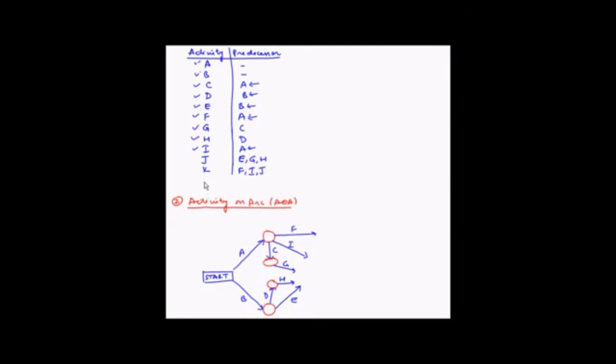Now the next is J, which is dependent on E, G and H. So let's draw J. So J can start after G, H and I are completed. So let's draw the node of completion, and then let's draw the activity J. So here we have completed the activity J.